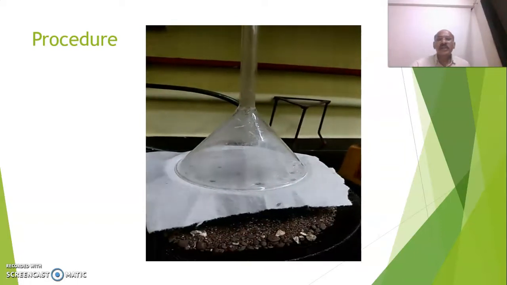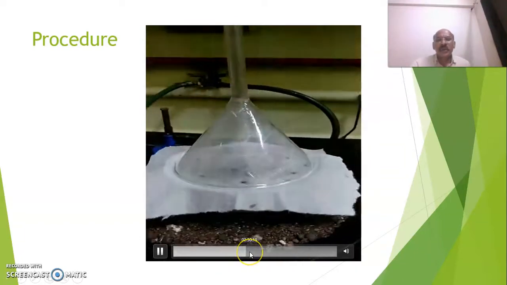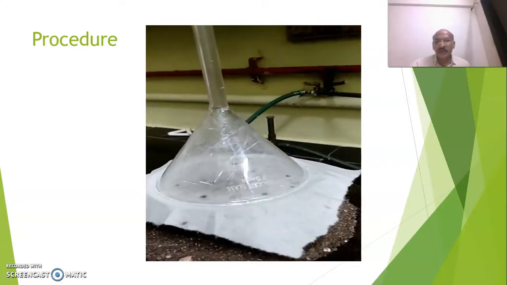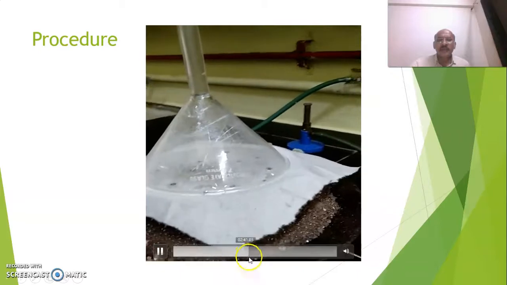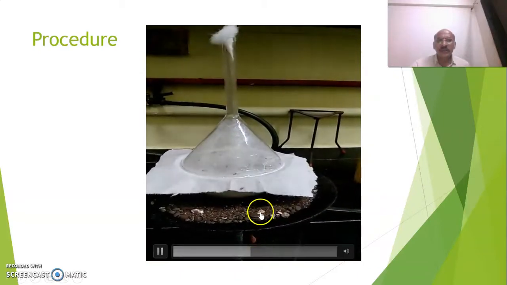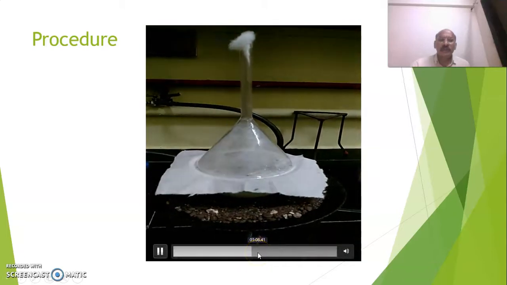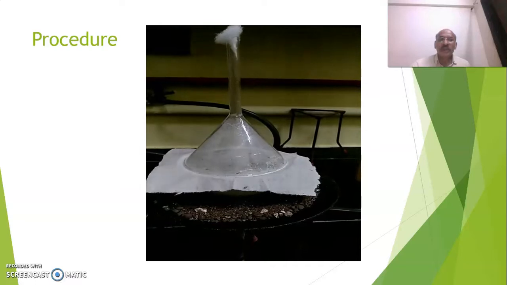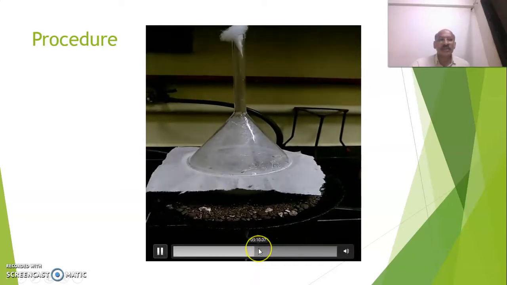Now why is it called sublimation? We have started with solid phthalic acid, and we are getting phthalic anhydride in the solid state. Conversion of solid into vapors without passing through the liquid phase is called sublimation.